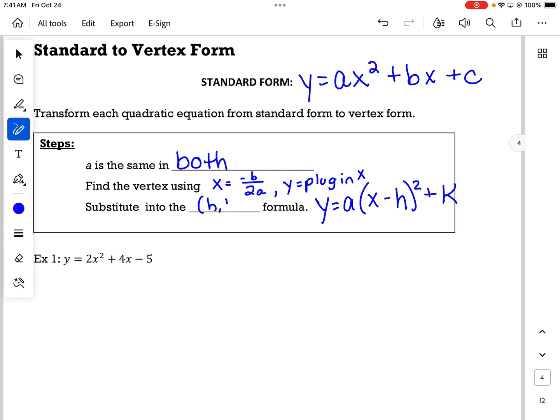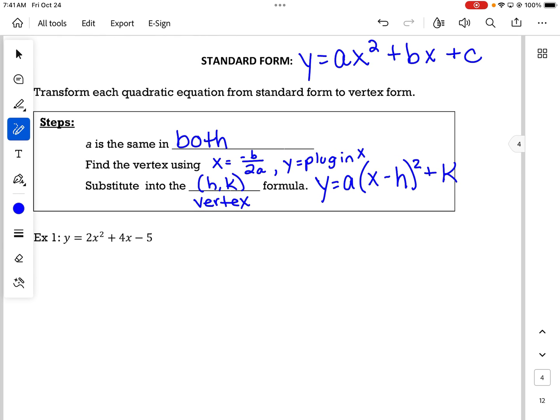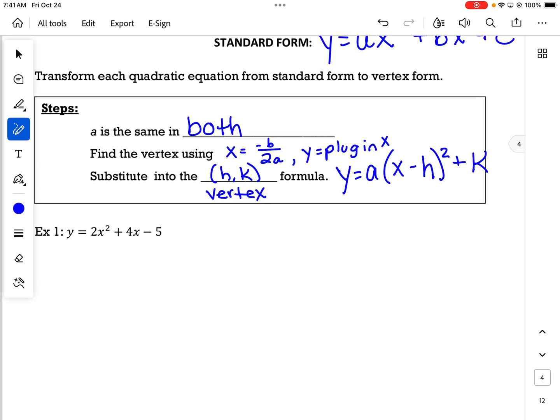And then you want to substitute in the vertex, that's the h comma k, into the vertex formula. So those are the steps. Follow those steps every time. So let's go to example 1.